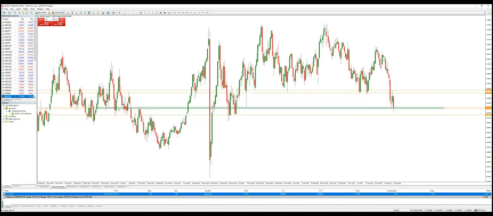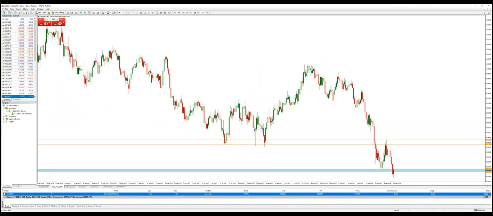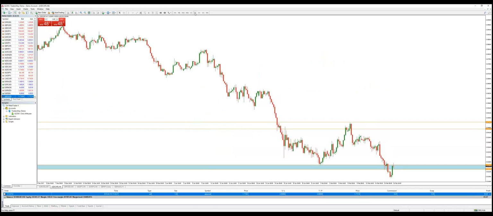You see spikes everywhere. So this one will be a little bit tough, but it did turn on that price at 92.30, 1.30. So where is it going?